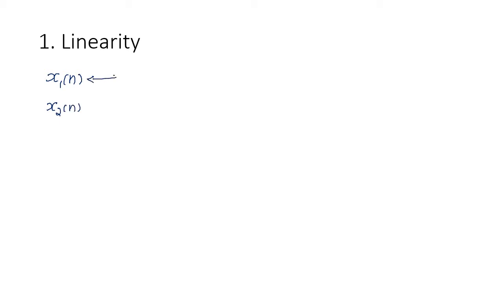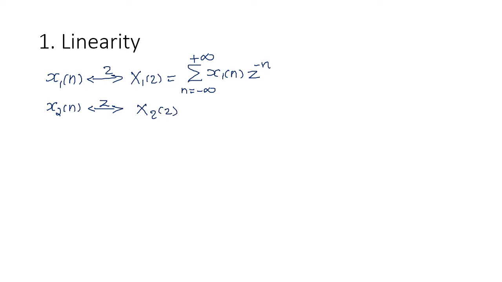The z transform of x1 of n is x1 of z, which is obviously summation n equals minus infinity to plus infinity x1 of n z raised to minus n, and x2 of n after z transform gives x2 of z, that is obviously summation n equal to minus infinity to plus infinity x2 of n z raised to minus n.